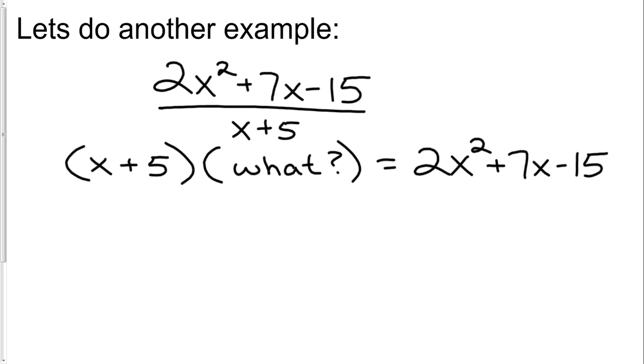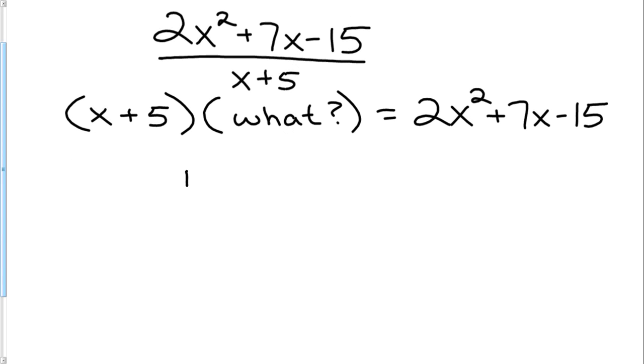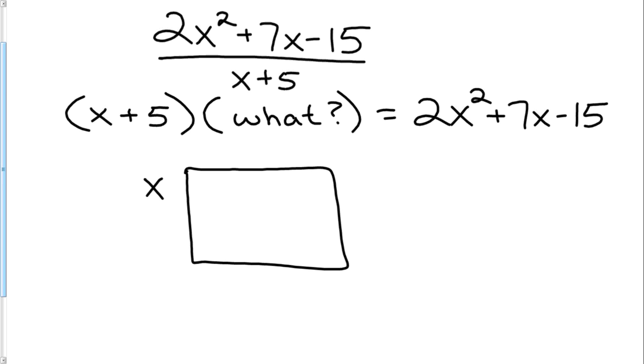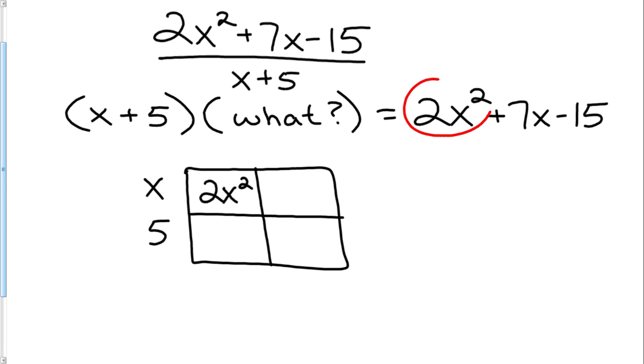Okay, so let's go ahead and draw our box. We know that x and 5 goes down the side. Draw our 4 boxes. And then we're going to start by putting our leading term, 2x squared. So that came from here. So that 2x squared got put right there.